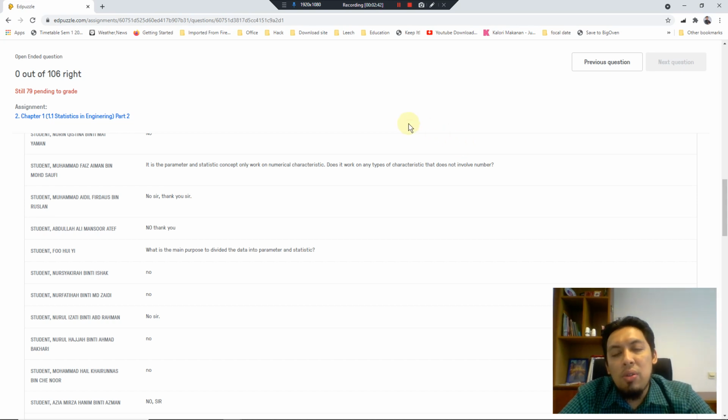For example, let's say my sample is in the form of alphabet, A to E. The sample size is 5: A, B, C, D, E. So it can involve other than numbers, but not much. Usually, when it involves counting, the parameter will just be capital N or small n, which talks about the population size or the sample size.